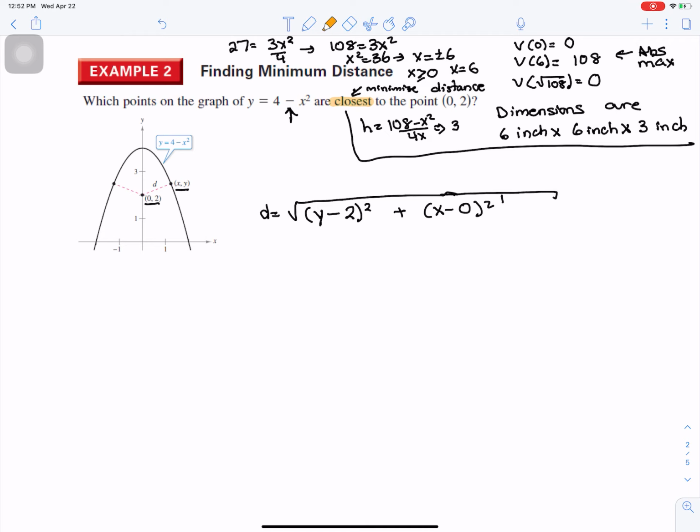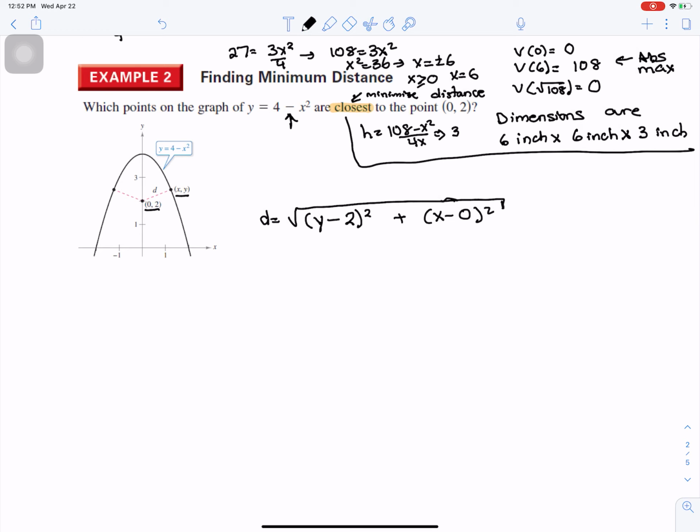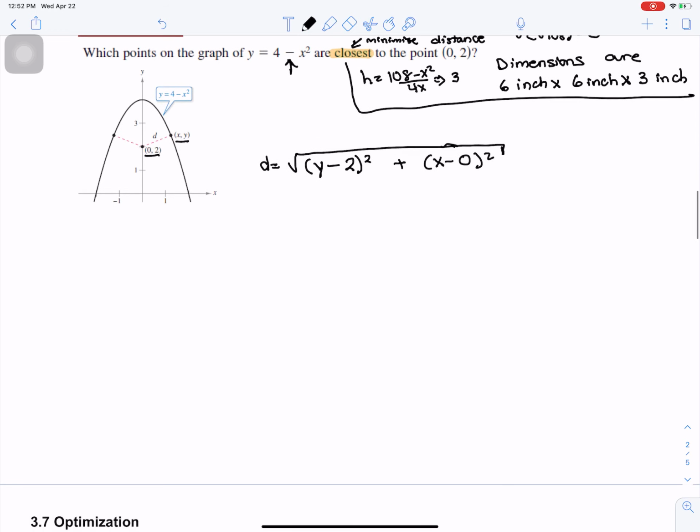Now you're going to notice that this equation has 2 unknowns in it, and we want it to only have 1. But what do we know about this function y is that that point sits on the curve 4 minus x squared. So I'm allowed to take that curve and sub it in for y. So 4 minus x squared is my y term. Let's just highlight that so you can see that. Minus 2 squared plus x squared.